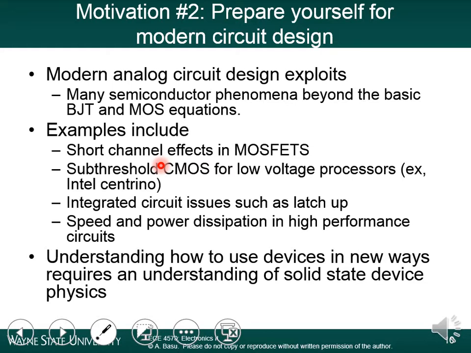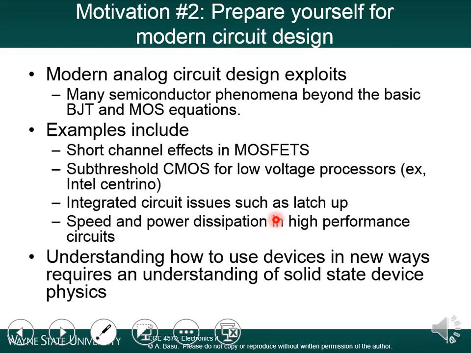Okay, there's a lot of study right now in the trade-off between performance and battery life. There's various types of integrated circuit issues like latch-up, but those are some earlier problems. There's other problems like speed and power dissipation right now in high-performance circuits.